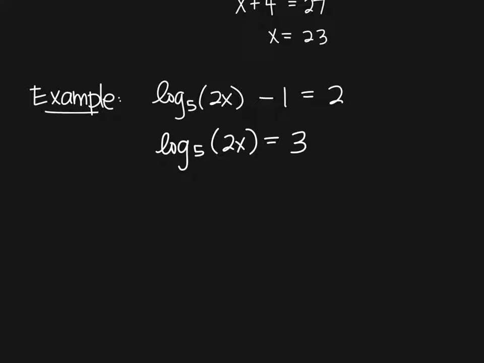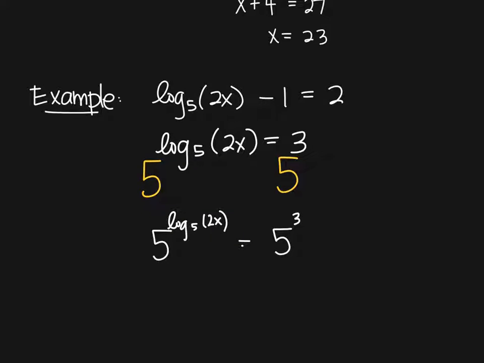The next thing I want to get rid of is the log. So I need to choose the right number to introduce on both sides so I can get rid of that log. Okay, now I'm going to choose the number 5. So I'm going to use a great big 5 on both sides. It basically takes the log and shrinks it down to a tiny exponent, and then I have 5 to the third.